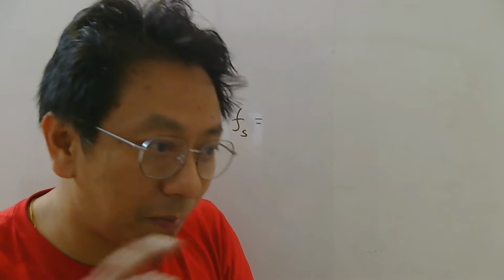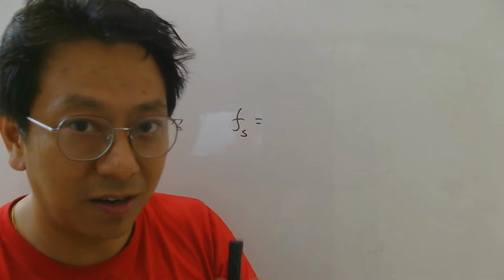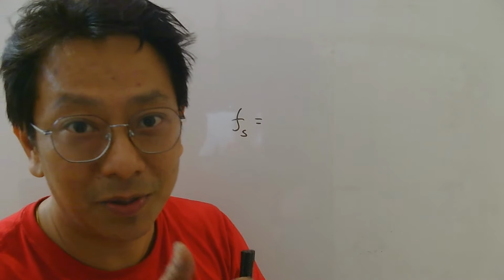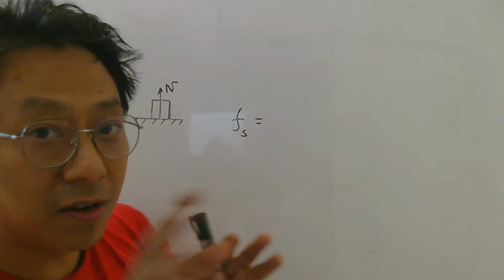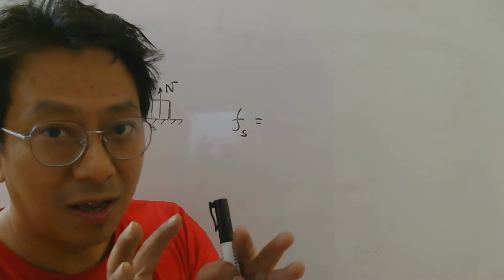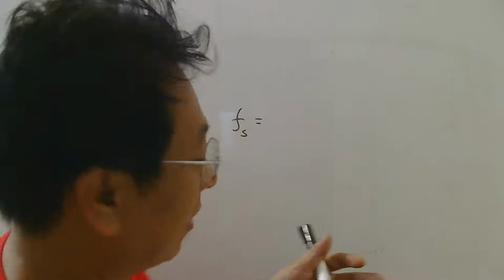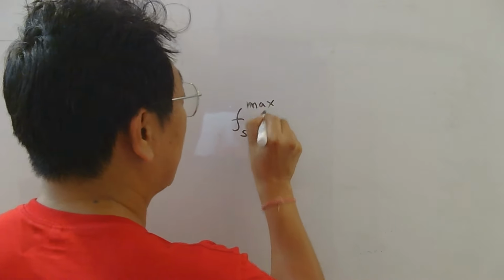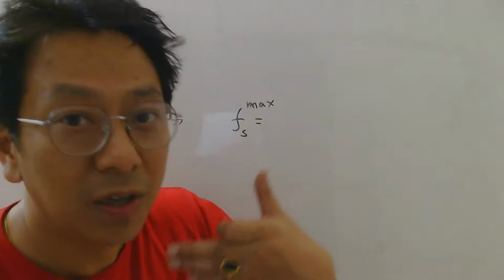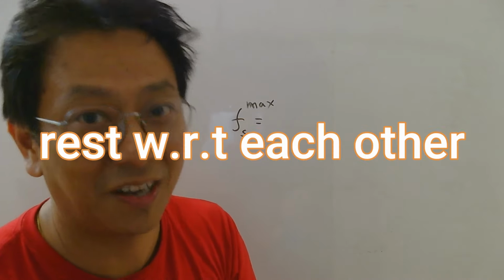That means if you keep applying force on a body at rest, one day it will 100% slip on the floor. That means static friction will try to adjust. However, it will have a max value. Beyond the maximum value, static friction will not be able to keep the surfaces at rest.